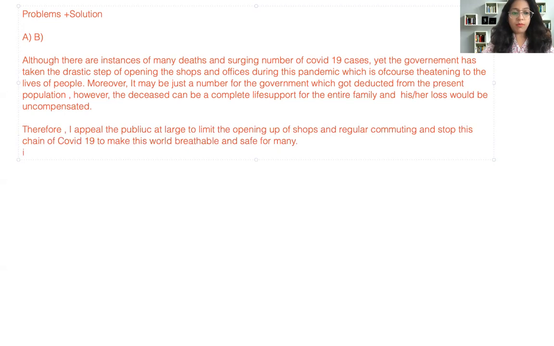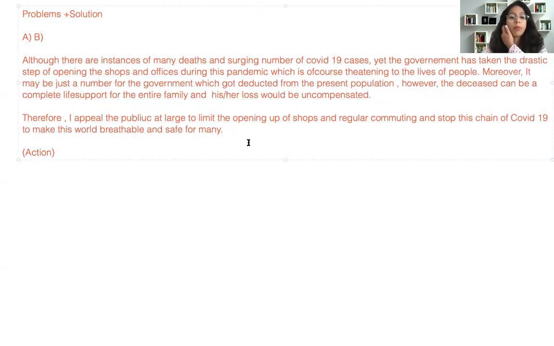Now, what action have you taken? That is also most important. It is not only about appealing to them. What have been your past actions for the same? If you have come up to such a big public platform with your letter, you must also have been concerned about it. So what action have you taken before reaching out to the editor? You should also list that.